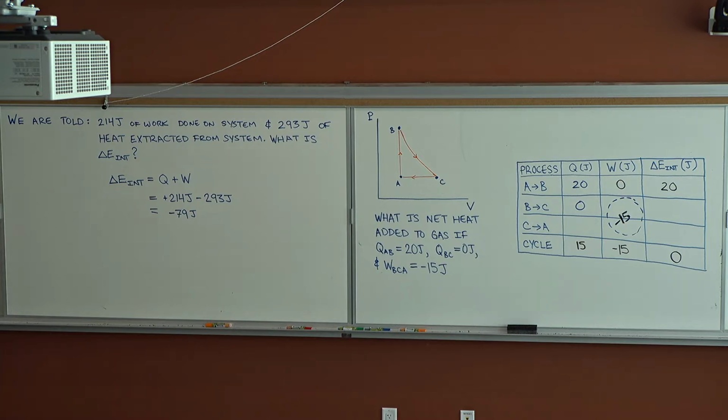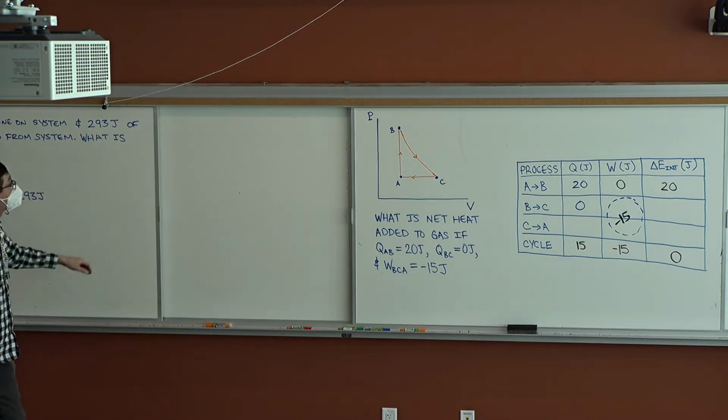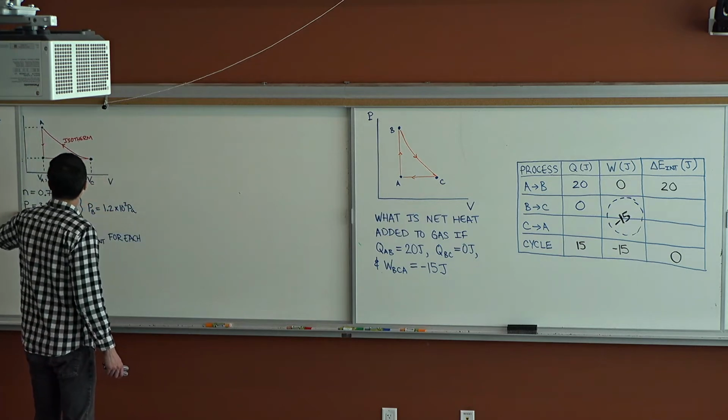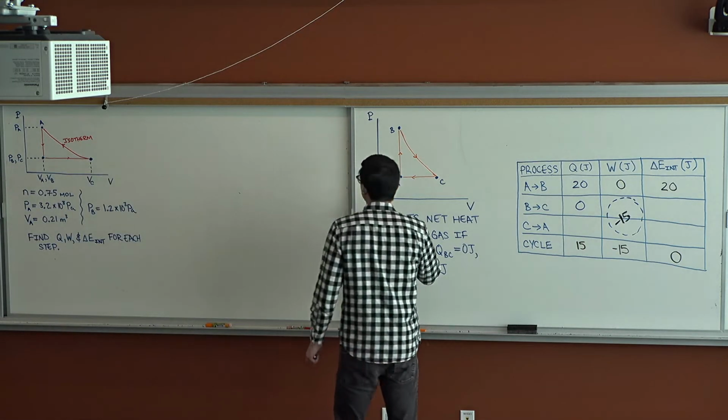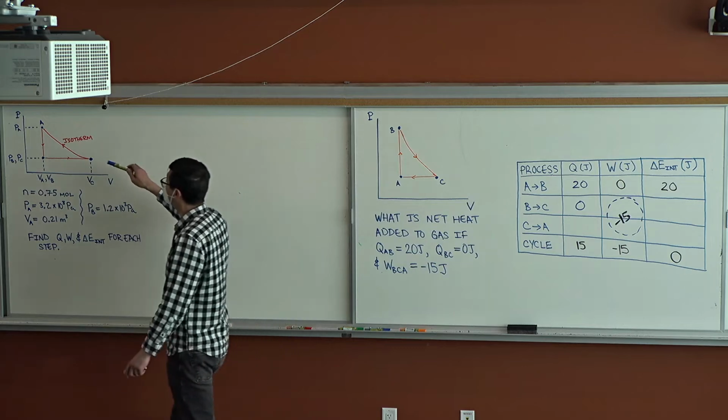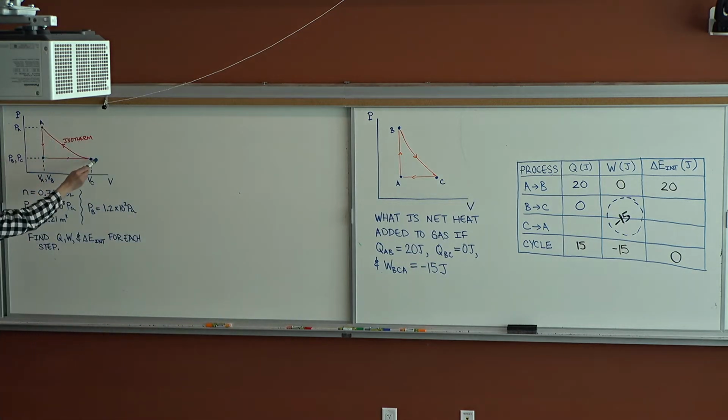What order do I want to do this? Let's do this one first to make sure we get through it. This time instead, we start at A, go to B, go to C, then back to A. This time I'm going to tell you that C to A is an isotherm.